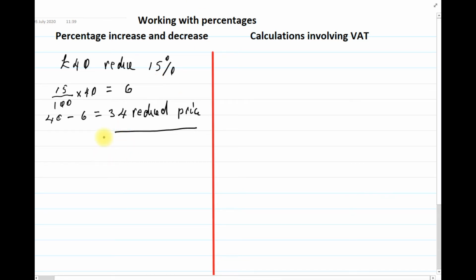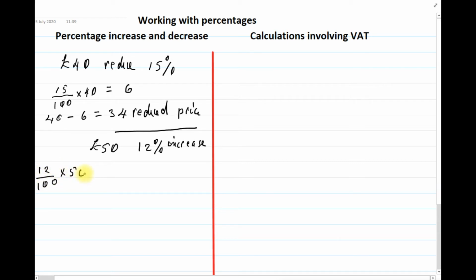So if I have an item, say it's £50, and I want to increase the price by 12%. So I work out 12% of 50.